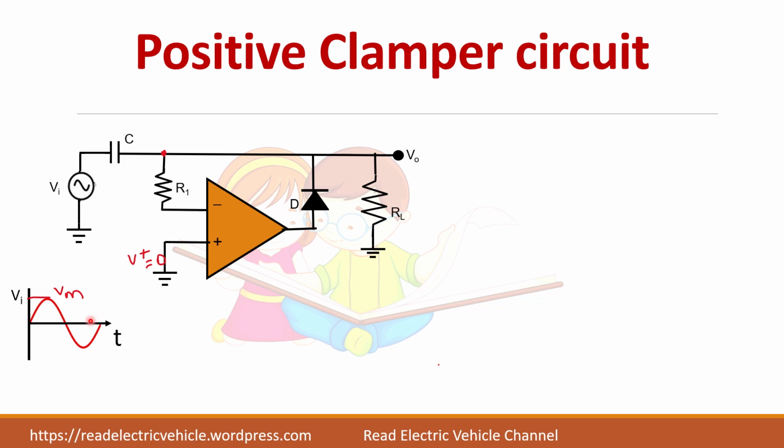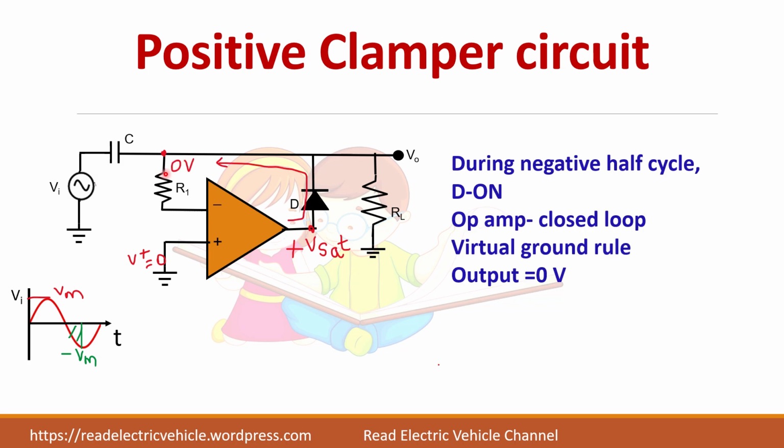During the negative half cycle, let us take this quarter cycle. This point, as usual, the plus terminal is connected to ground. But this negative voltage is decreasing. So here this potential is decreasing, and the op-amp output will be plus V sat. If it is plus V sat, the diode will enter into conduction.